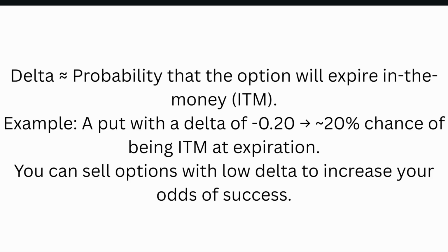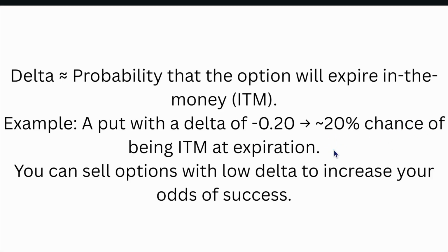Delta is also the approximate, doesn't mean exact, but approximate probability that an option will expire in the money, or ITM. So let's say you have a put with a delta of -0.2, and you sell that put option. In that case, it would be about a 20% chance of it being in the money at expiration.